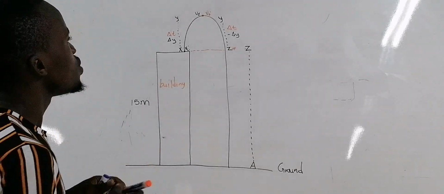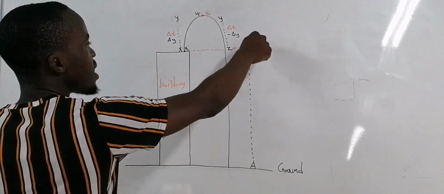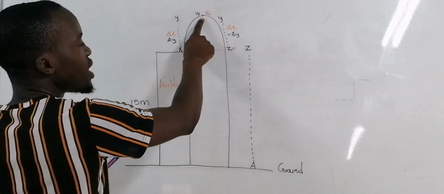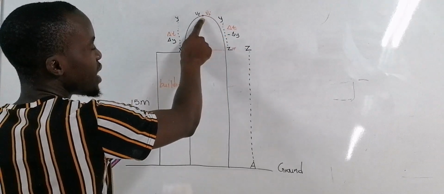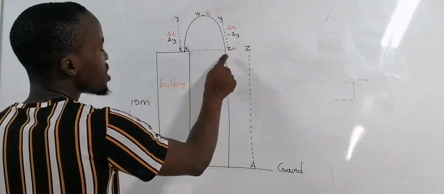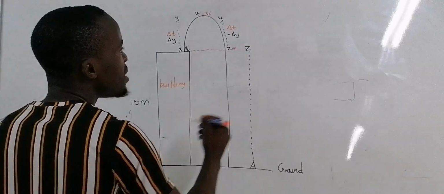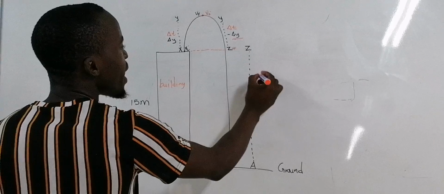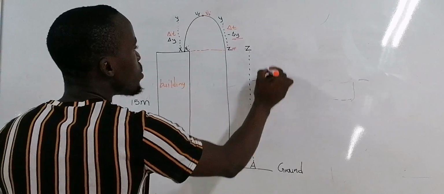Now, at the maximum height the object is going down, and now it reached the point of projection, then it goes down again, meaning that the change in y is still negative when the object is going down.